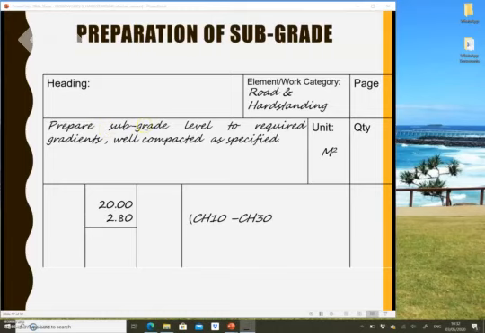You remember the layers that I mentioned in the earlier part of the lecture, so you just mention what kind of work you need to do with those layers. Prepare subgrade level to required gradients, well compacted as specified. Unit will be in meter square, and your dimension here should be the length and the width of your subgrade.